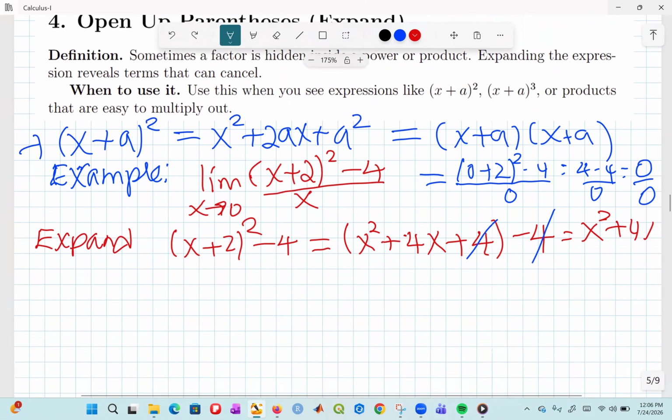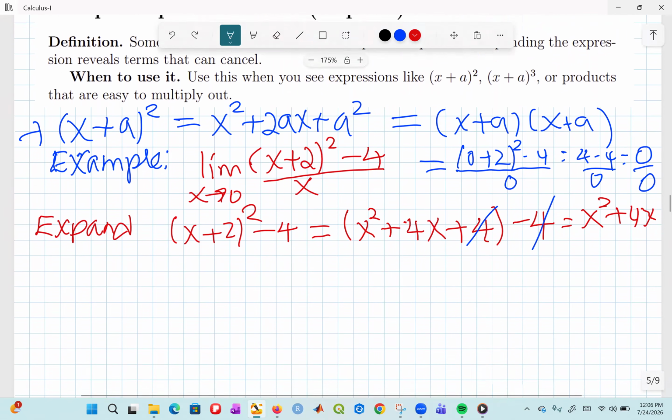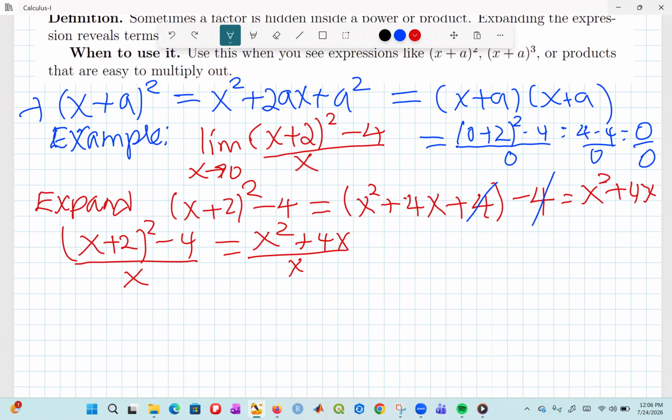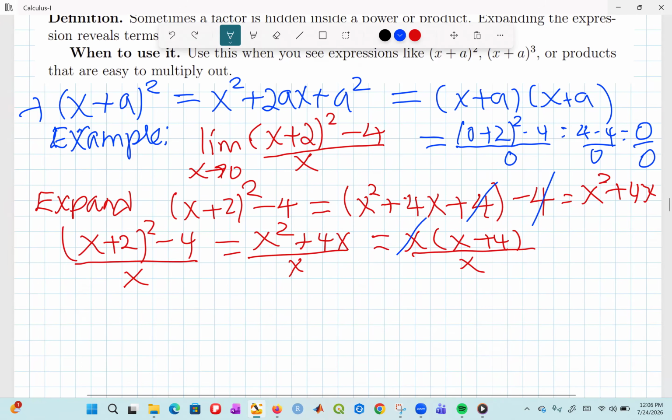Now again, x plus 2 squared minus 4 over x is the same as x squared plus 4x over x. The common factor from the numerator is x, so x times x plus 4 over x. Cancel the common factor, then we got x plus 4.